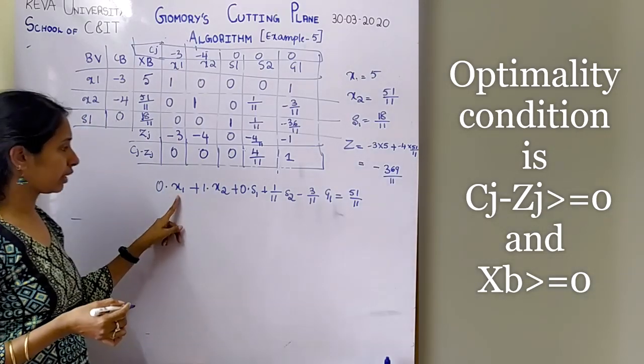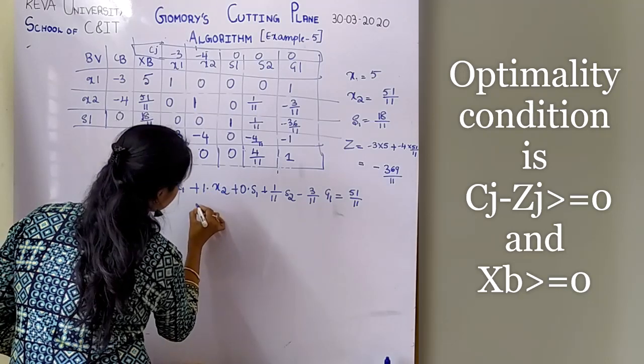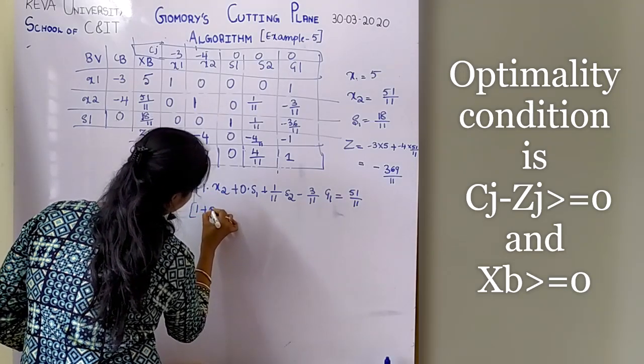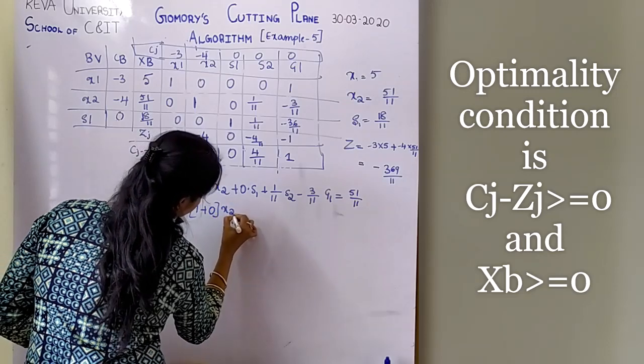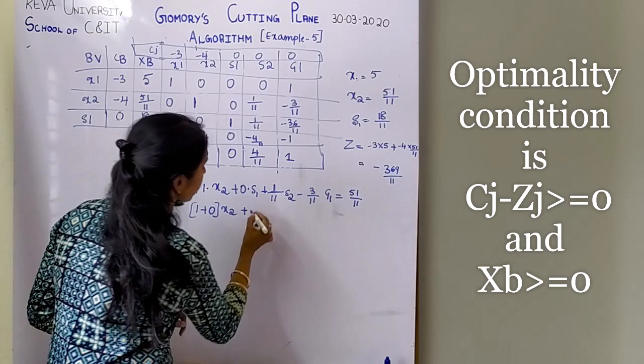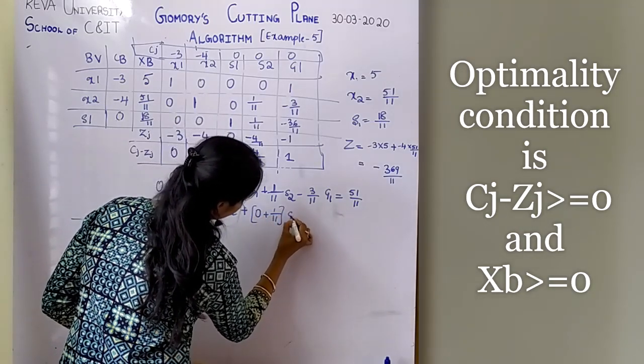How will you represent this as integer plus fraction? For 1, integer is 1, fraction is 0. For 1 by 11, integer is 0, fraction is 1 by 11.